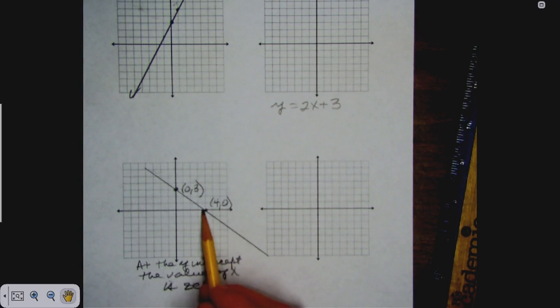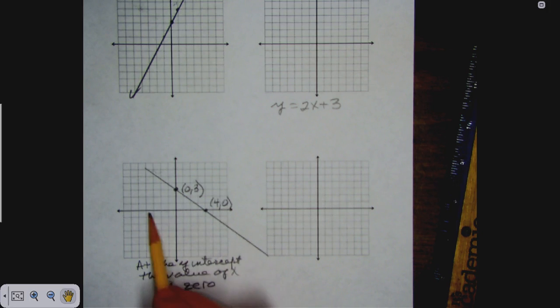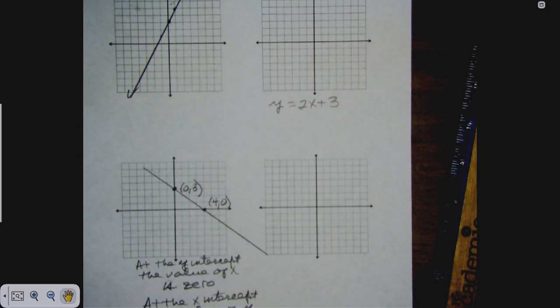The x value is 4, and the y value is 0. And that will be true for any x-intercept. So at the x-intercept, the value of y is 0.